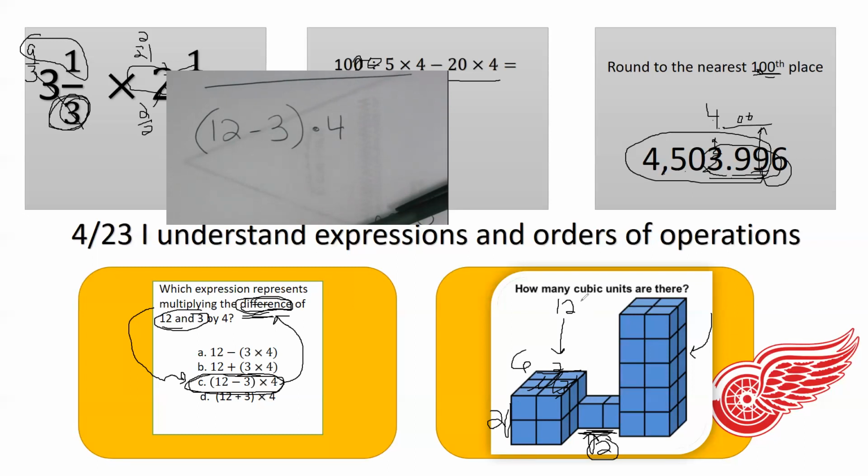So this one has a volume of 12 total. So we have block number 1 that has 12, structure number 2 that has 2, and now this last one has a base of 2 by 2, which is 4. And then 4 has a height of 1, 2, 3, 4, 5. It has a level of 5. 4 by 5 is 20.